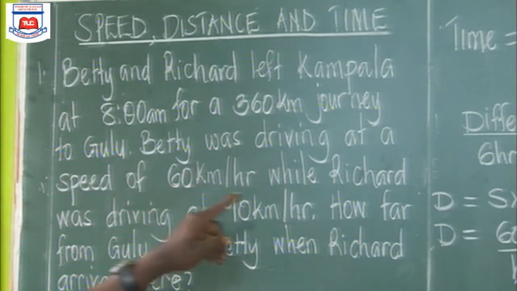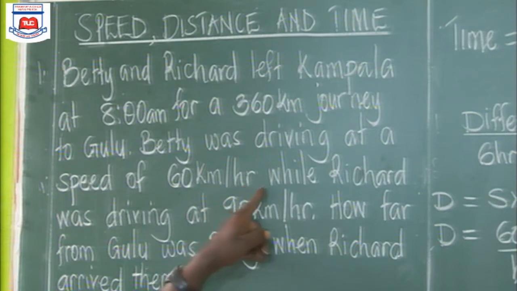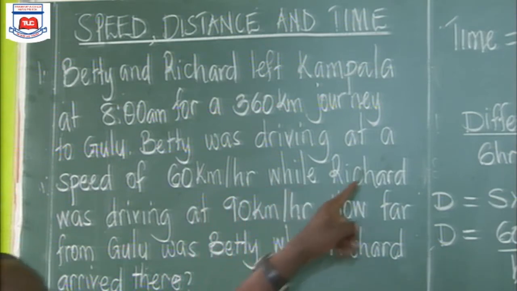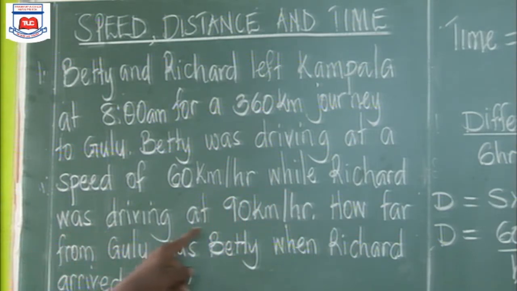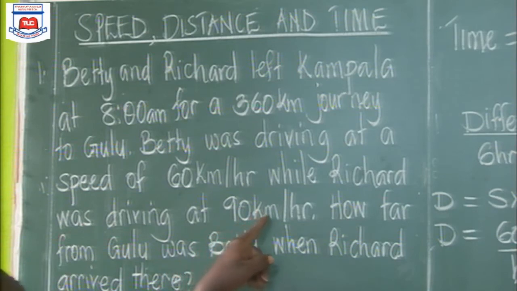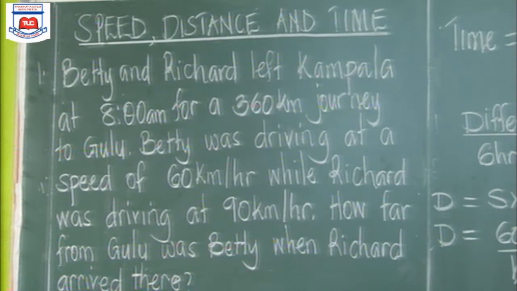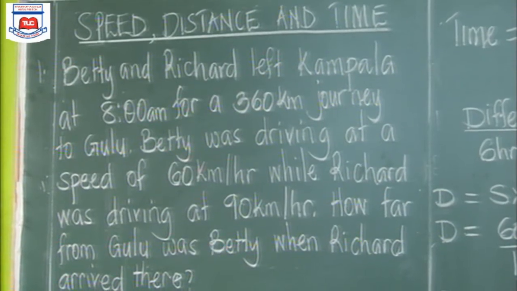Betty was driving at a speed of 60 kilometers per hour, while Richard was driving at a speed of 90 kilometers per hour. The question reads, how far from Gulu was Betty when Richard arrived there?